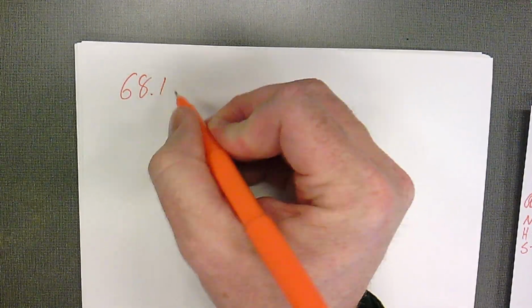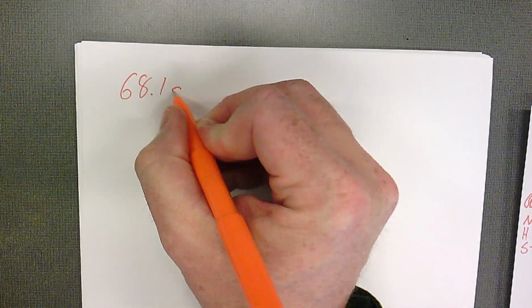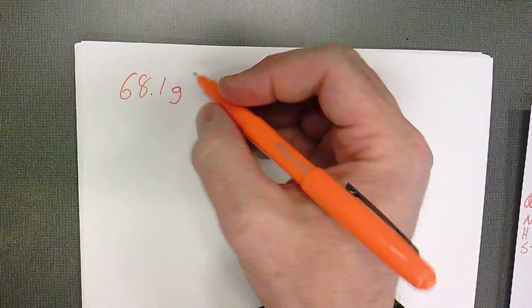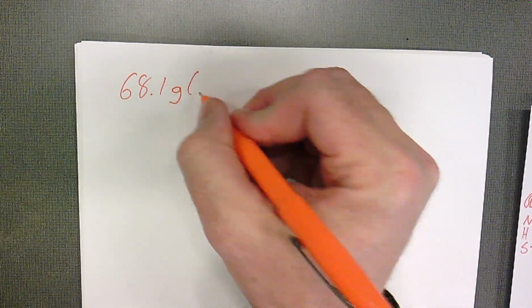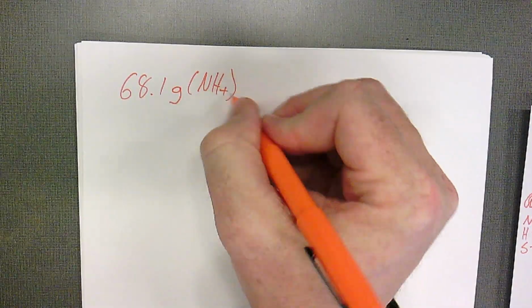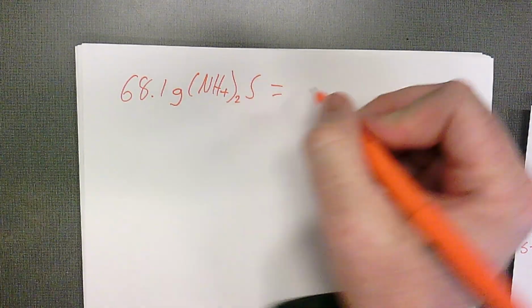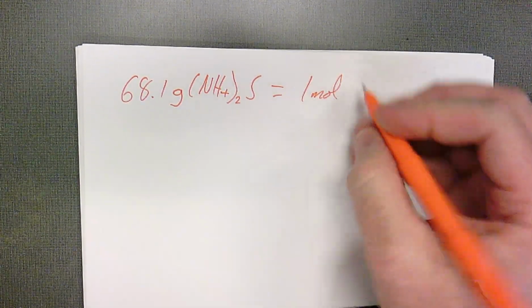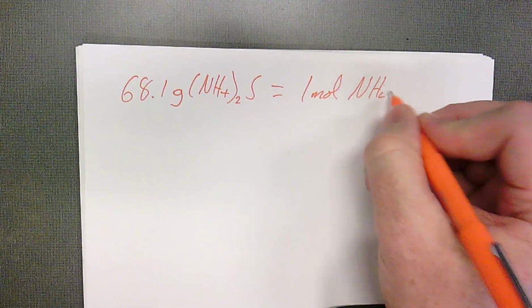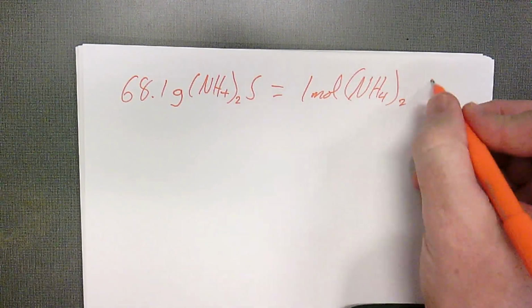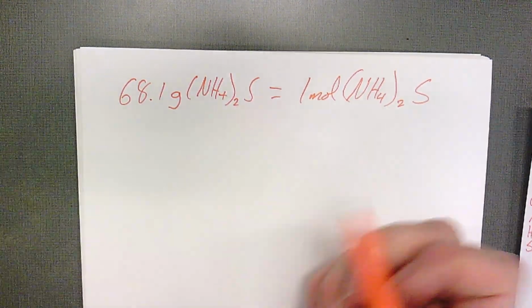So what we're saying when we say grams per mole, we're saying 68.1 grams of NH4-2S is equal to 1 mole of NH4-2S. Okay? This will help us when we're setting it up.